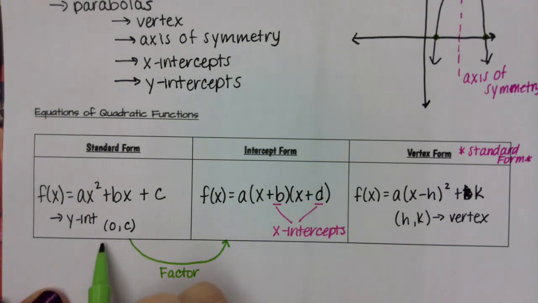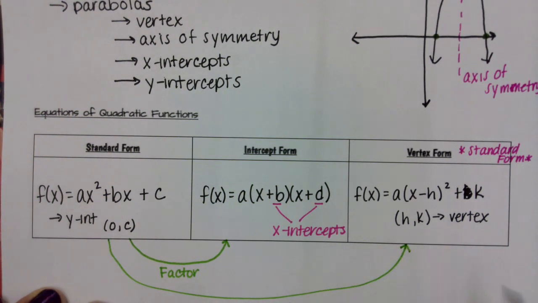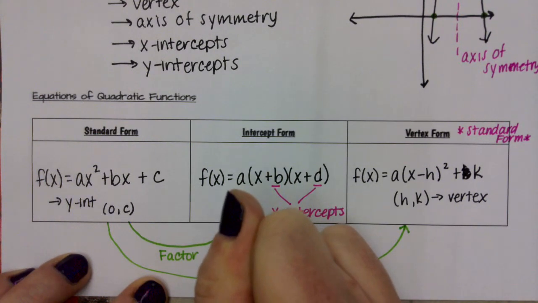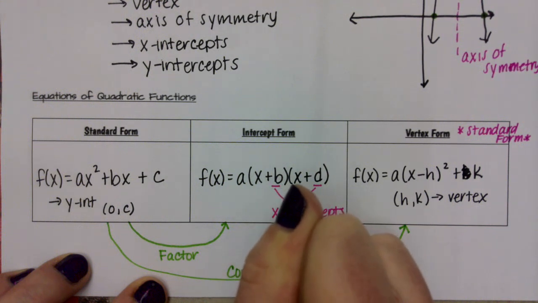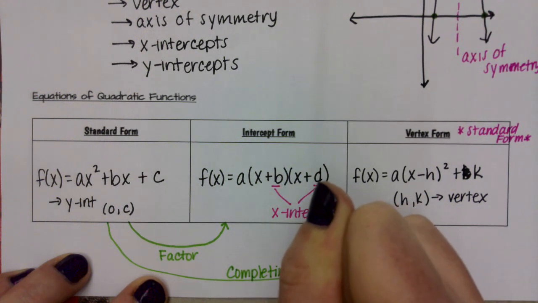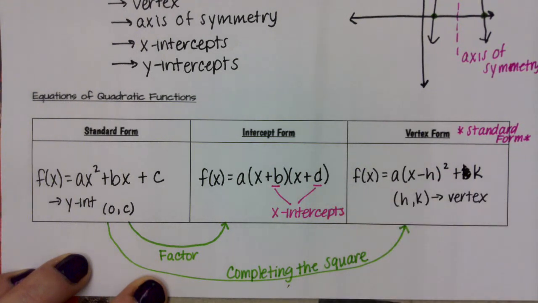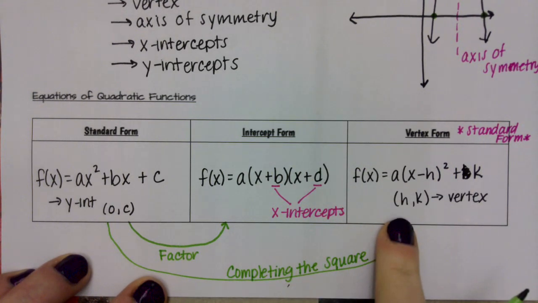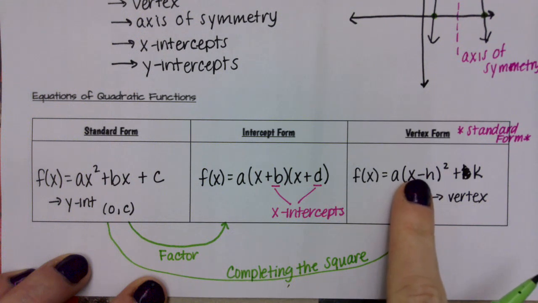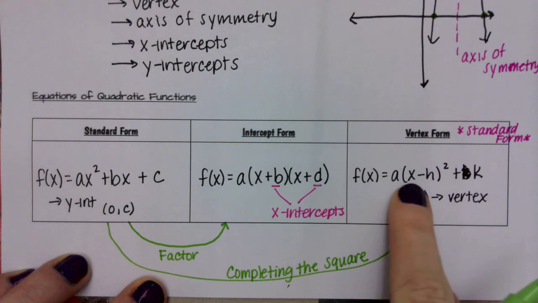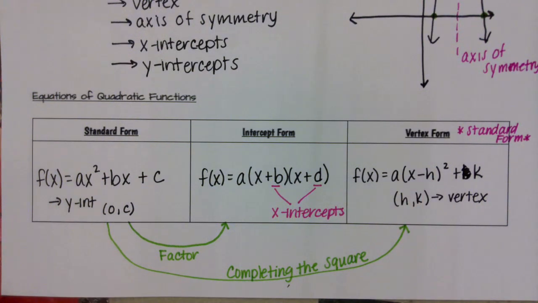Now, if I want to go from standard form to vertex form, we have to go back to chapter 1 and talk about that idea of completing the square again. Okay, so in chapter 1, we had to do something called completing the square. Here it pops up again, okay, because that allows me to create this little squared set of parentheses.